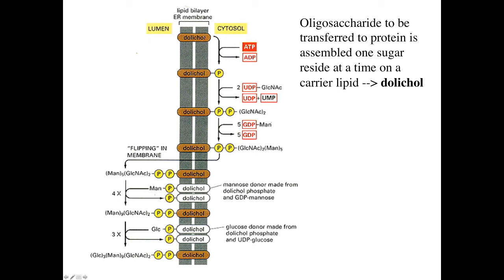What happens on the cytosolic side of the ER membrane, the Dolichol is phosphorylated, so costs some ATP, and then 2 moles of N-acetylglucosamine are added to that phosphorylated Dolichol, and then 5 moles of mannose are added to that Dolichol molecule.